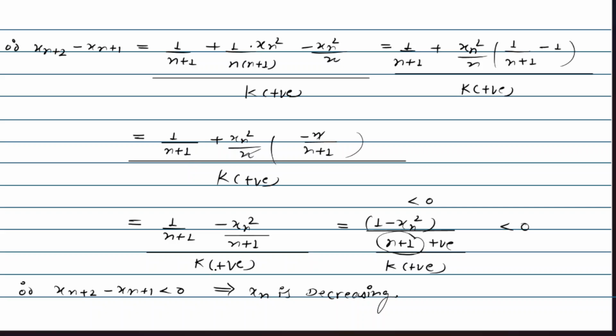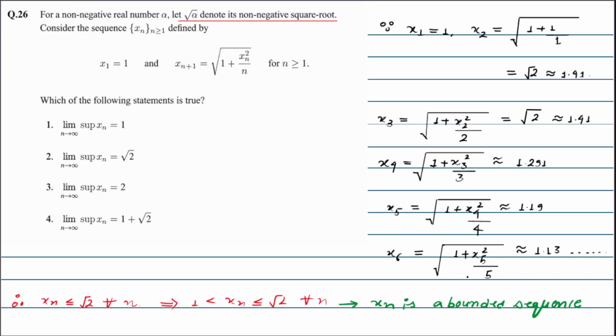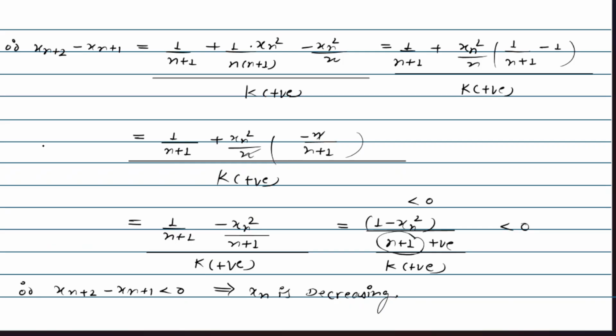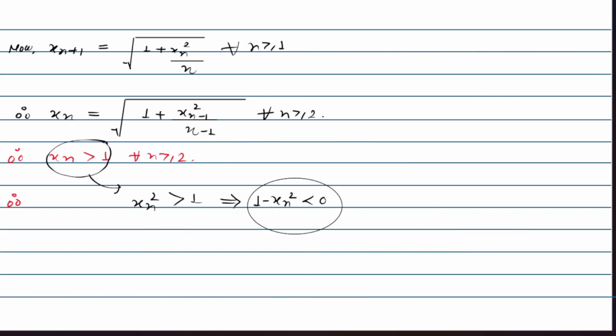So I have proved this in a general way. We can see from here that it is decreasing, but I have proved that it is decreasing in terms of n. Now note one thing, that xn is decreasing, and xn is bounded below from here.